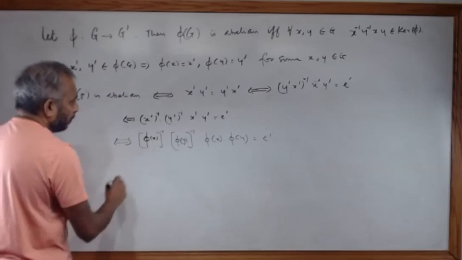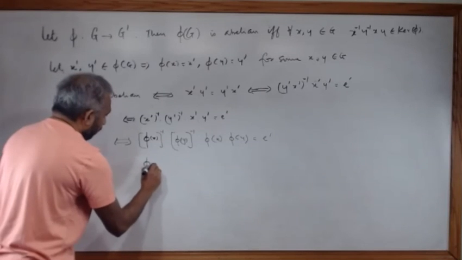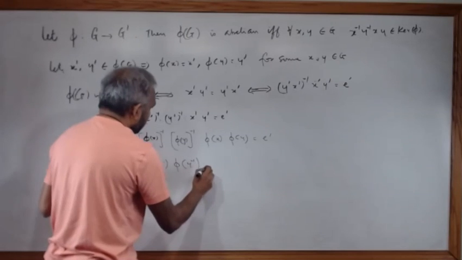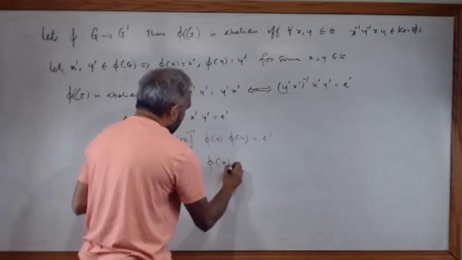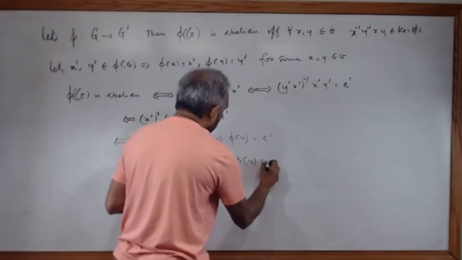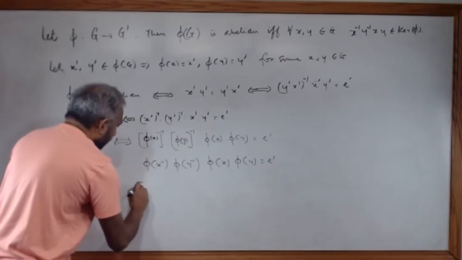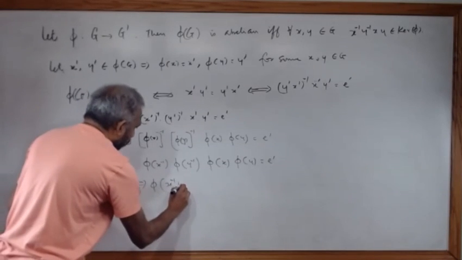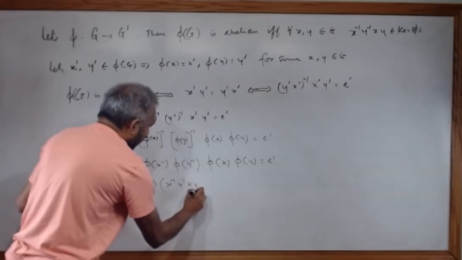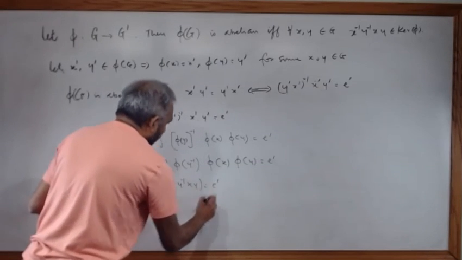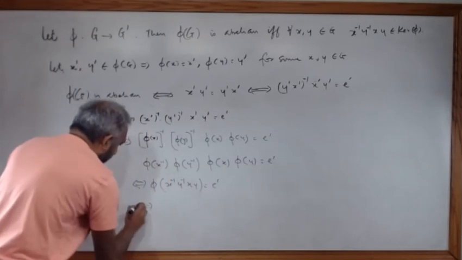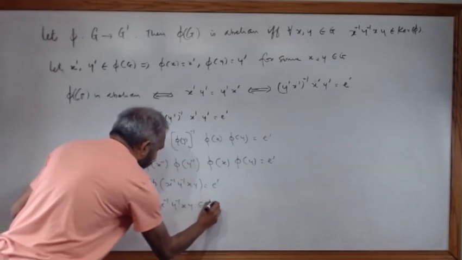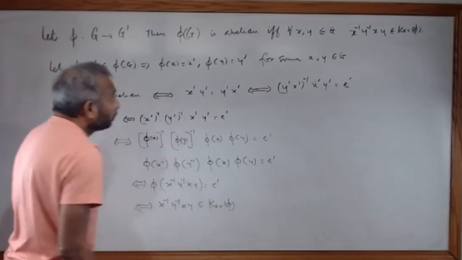This is actually phi of x inverse y inverse x y is equal to e prime. And that is implies and implied by x inverse y inverse x y belongs to the kernel. And that's what we want to prove.